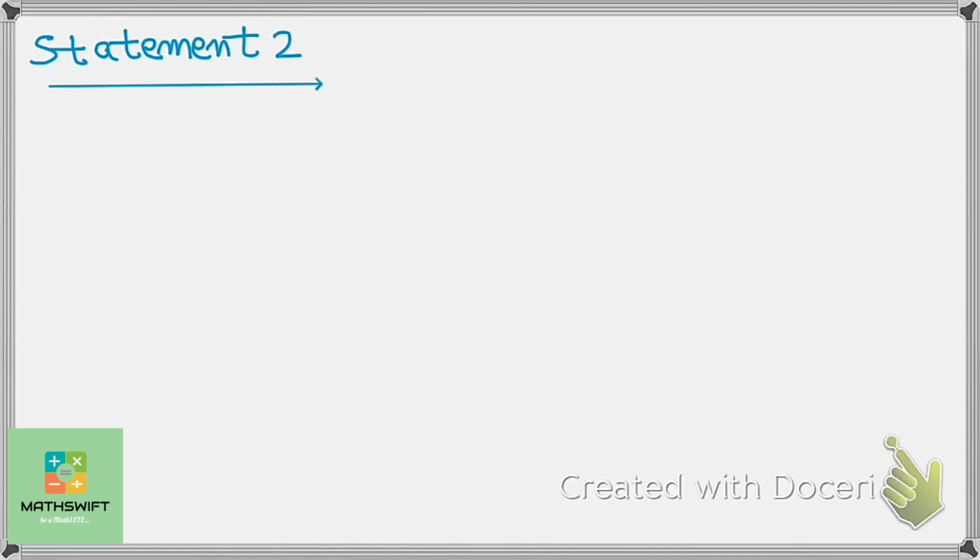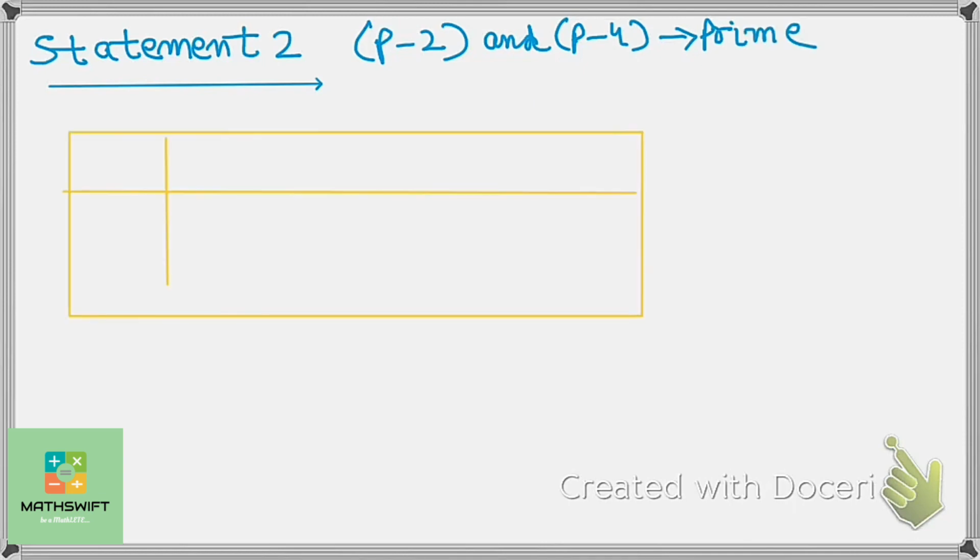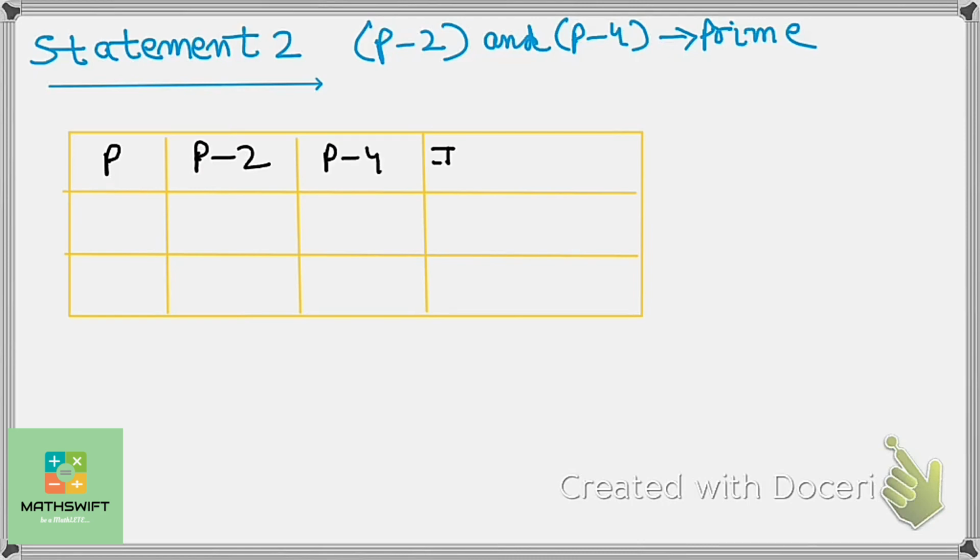That says p minus 2 and p minus 4 both are prime. Let's try and plug in some random values of p. We can assume p to be 7. We get p minus 2 as 5 and p minus 4 as 3.